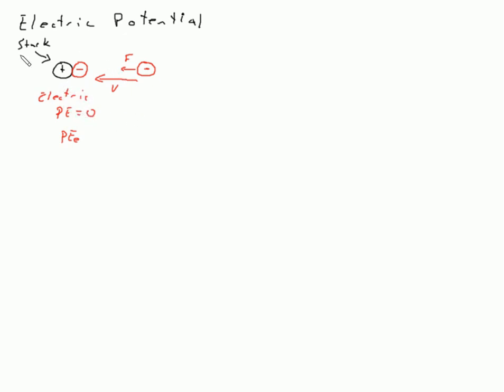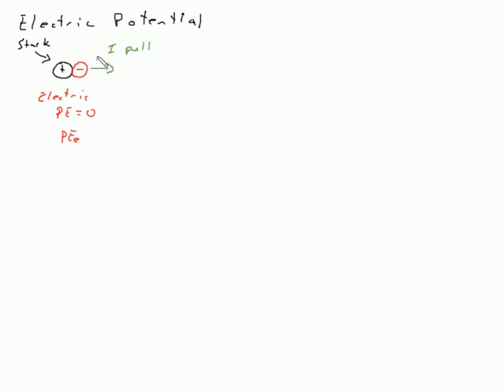Now, if we take a look at this situation, we started with the charge right there. In order to move this charge, I need to apply a force. So maybe I grab a hold of this charge and pull it.